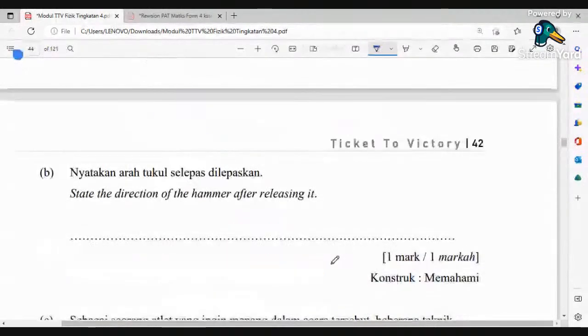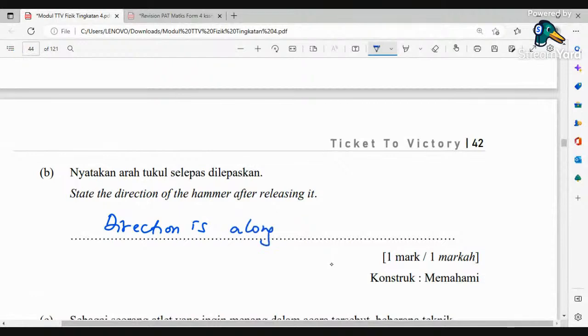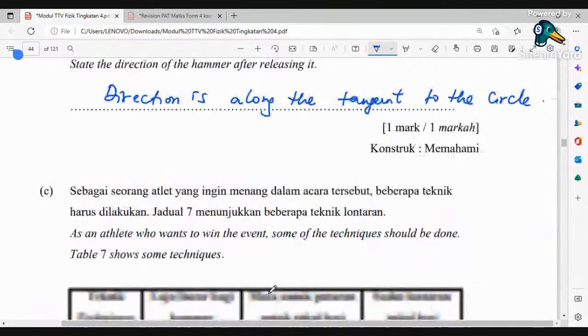State the direction of the hammer after releasing it. The direction is tangent to the circle. Okay, tangent.